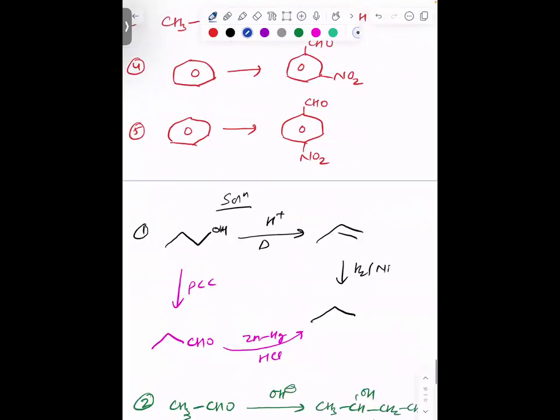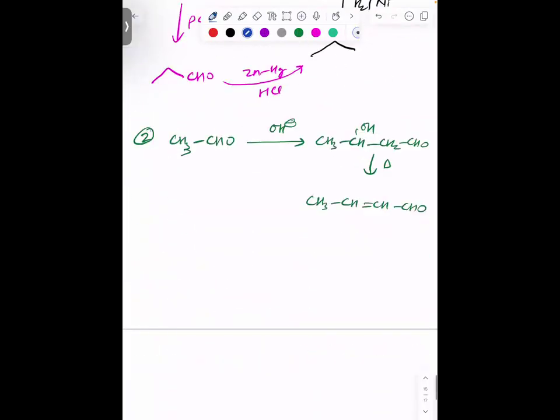Then third, there is an increase by one carbon. How do we increase by one carbon?